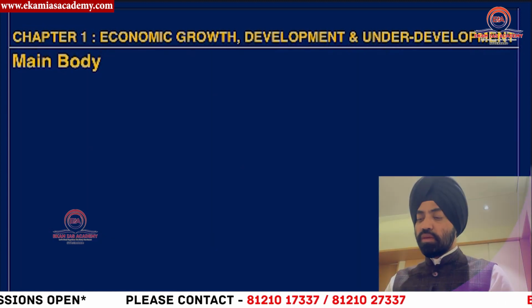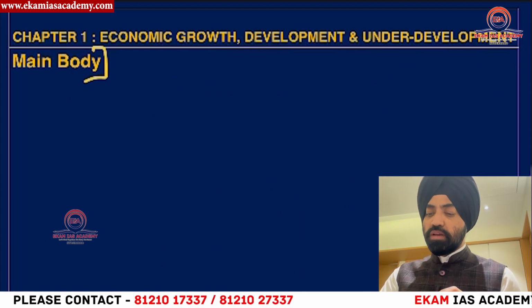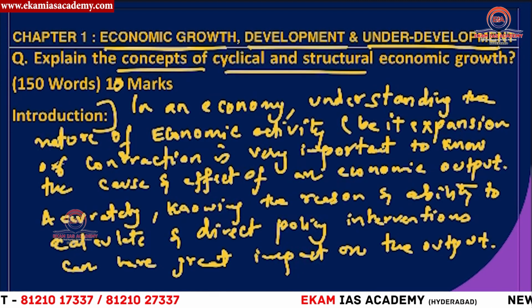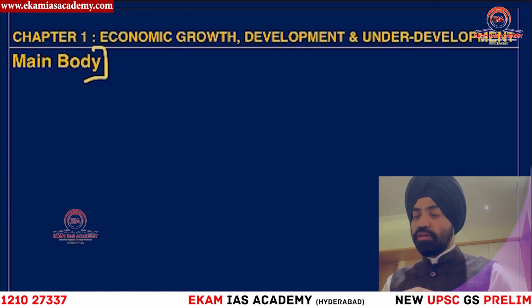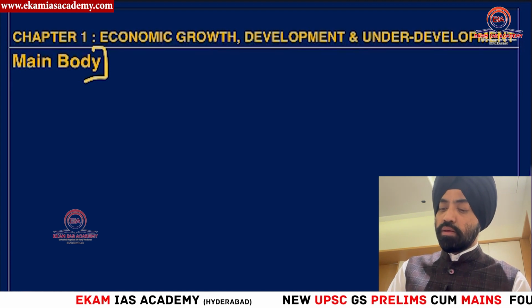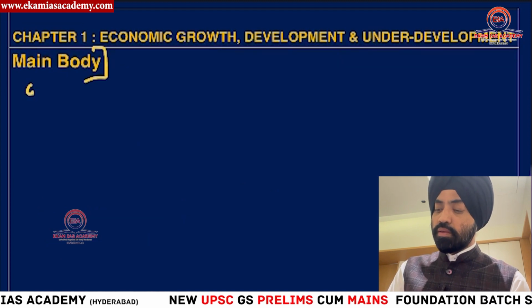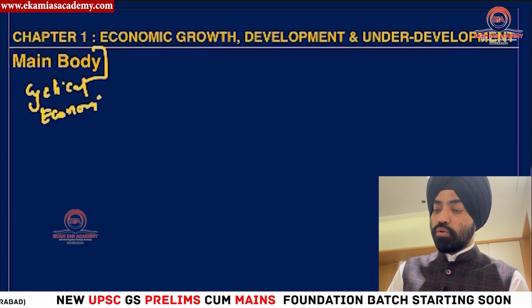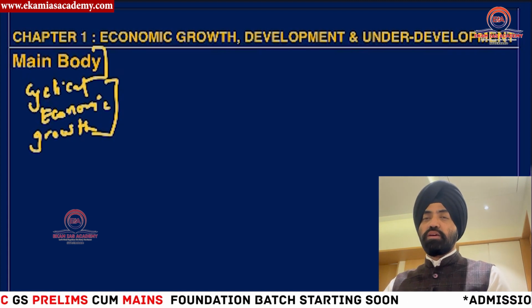Right? Now, in the main body, the first part, because the question is very clearly asking us to explain the concepts, I'll write the first part, that is cyclical economic growth. What will we write here regarding cyclical economic growth?